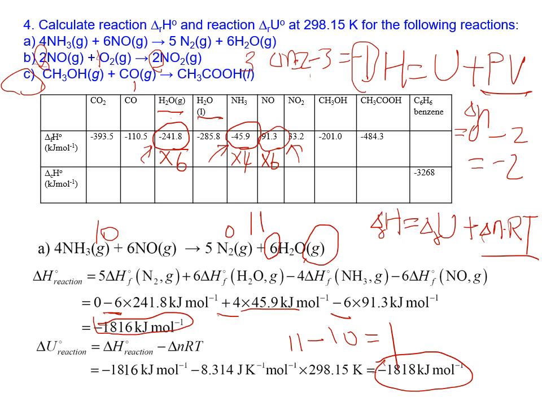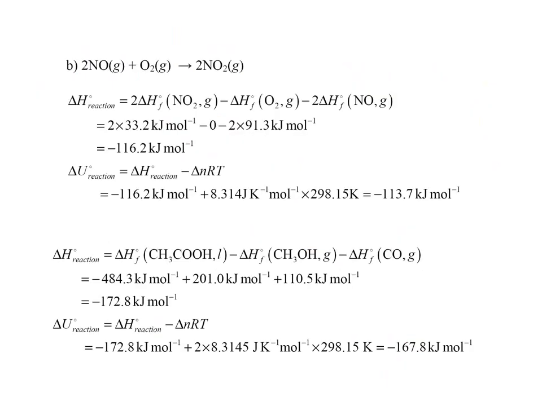Liquid and solid don't change volume, so delta PV is 0. You only count the gas phase. So B is negative 1 and C is negative 2. For B it is minus delta N, and because it's negative 1, minus negative 1 becomes positive. Similarly here, minus negative 2 becomes positive 2.